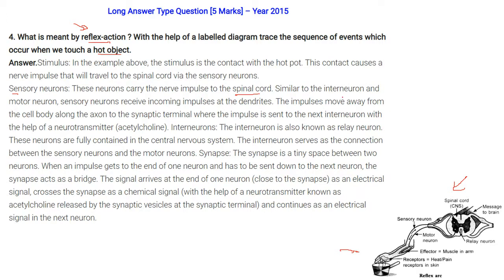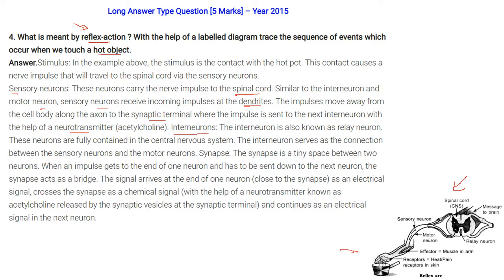Similar to the interneuron and motor neuron, the sensory neuron receives incoming impulses at the dendrites. The impulses move away from the cell body along the axon to the synaptic terminal, where the impulse is sent to the next interneuron with the help of the neurotransmitter acetylcholine.